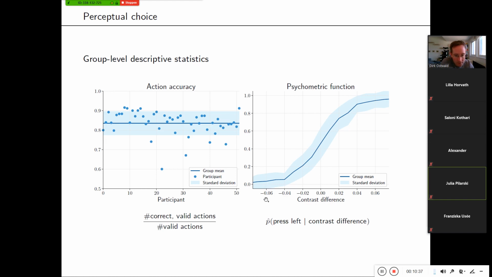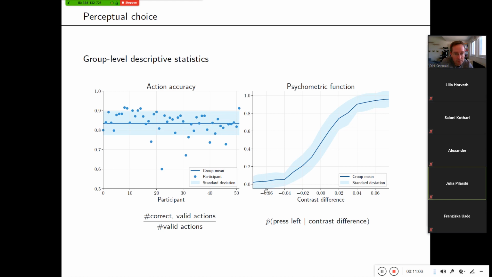So minus 0.6 means that the higher contrast is on the right. So there's very low probability that people actually press the left button. Yeah? And if the contrast is 0.6, that means it's high on the left, and the estimated probability for participants to press the left button is quite high.